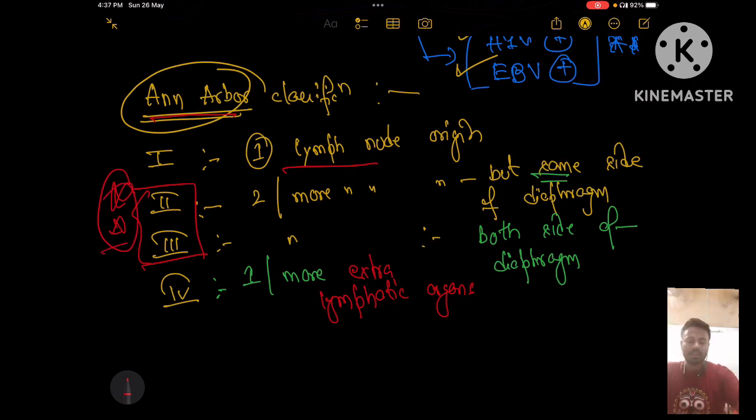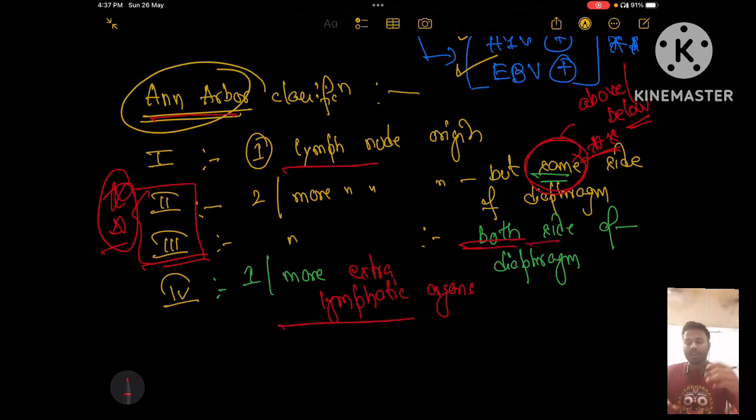Stage two means two or more lymph node origin but on the same side of the diaphragm, either above or below the diaphragm. Stage three is both sides of the diaphragm. And stage four is one or more extra lymphatic organs.